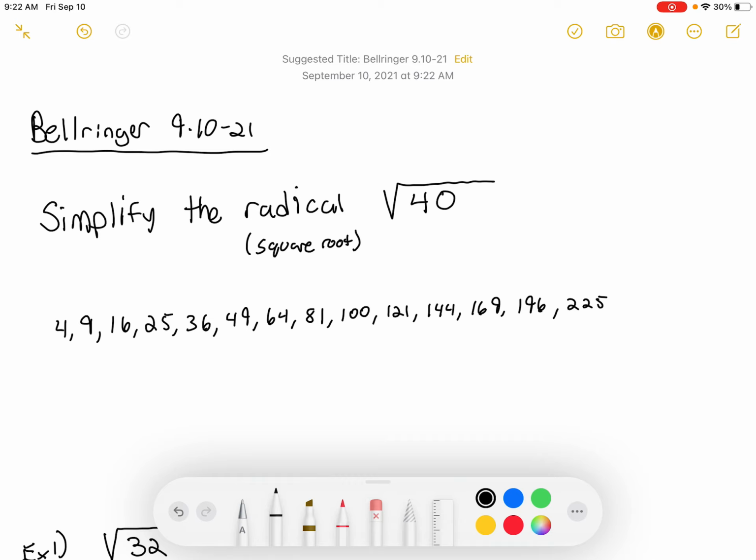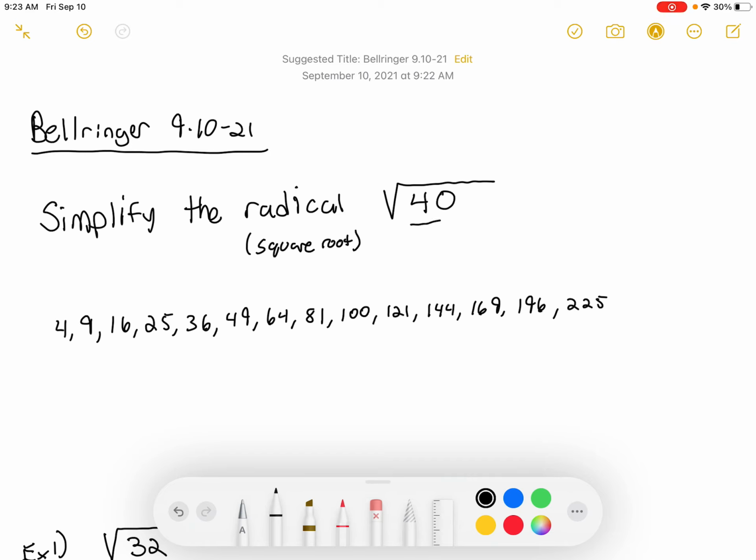When you see a radical or a square root and it wants you to simplify it down, we need to be able to rewrite what's inside that radical as a factor. Like 40 is some perfect square times something. You want to think, what is the largest perfect square that will go into that number?